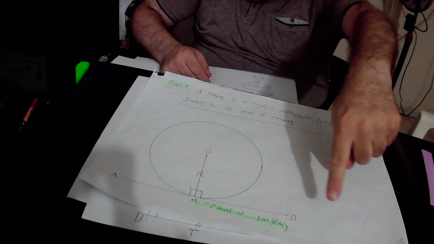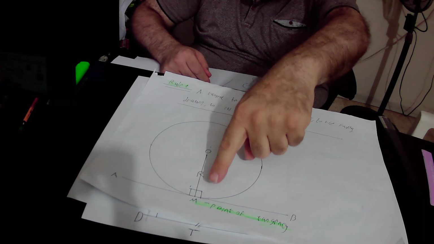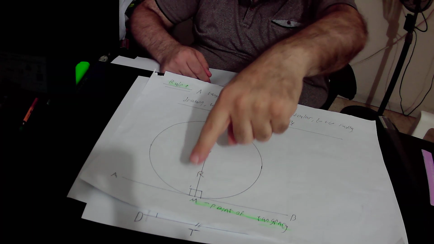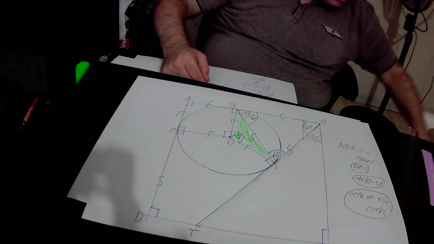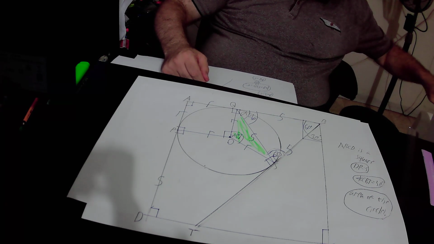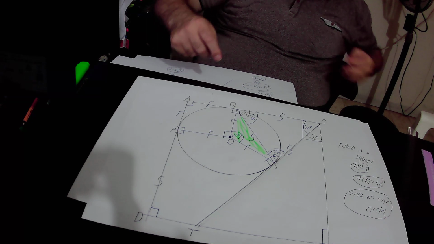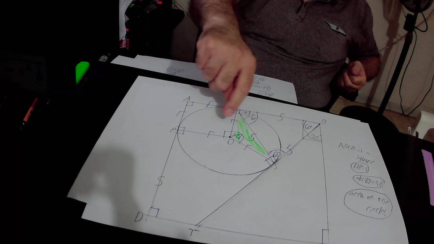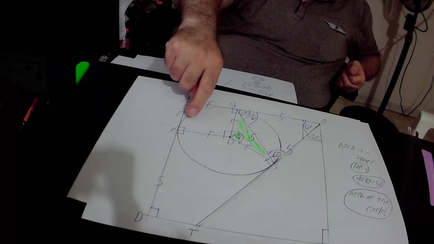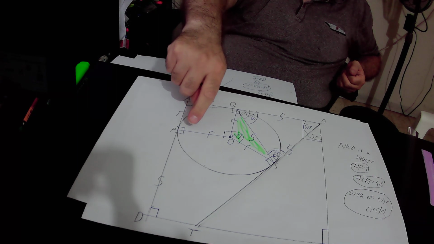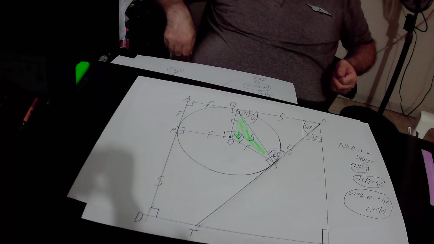If AB is perpendicular to MO, it means that this angle equals 90 degrees and this angle also equals 90 degrees according to rule number 1. So, according to rule number 1, we have the radius OP that is drawn to the point of tangency, therefore this angle will be equal to 90 degrees and this angle is also equal to 90 degrees.